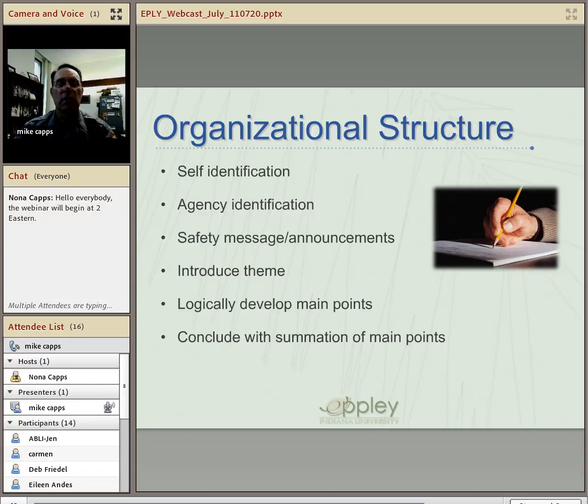Some agency identification. Again, it might appear to be obvious if we're in uniform, but it might not be as obvious as you think it is. Like I say, we have Lincoln State Park directly across the highway from us, and a lot of our visitation, especially this time of year, are people who are camping in the state park and then come over here to visit us.